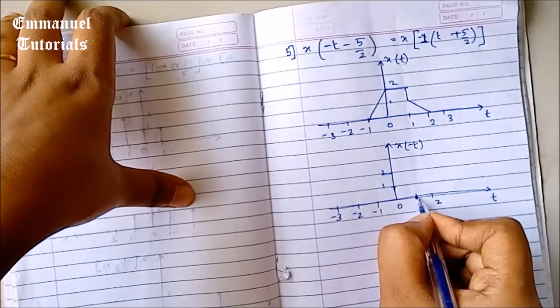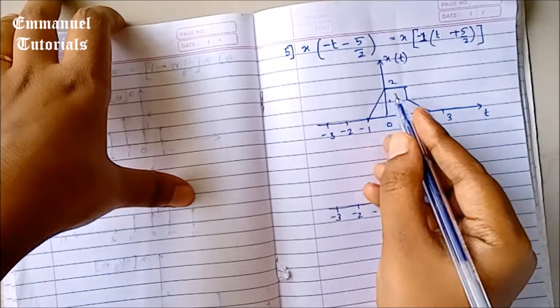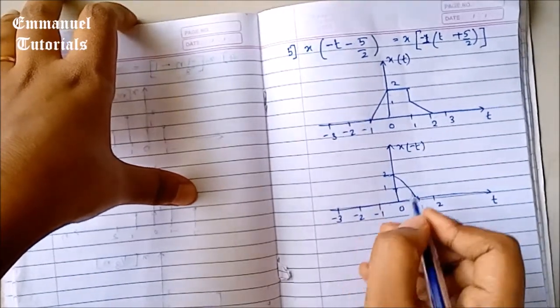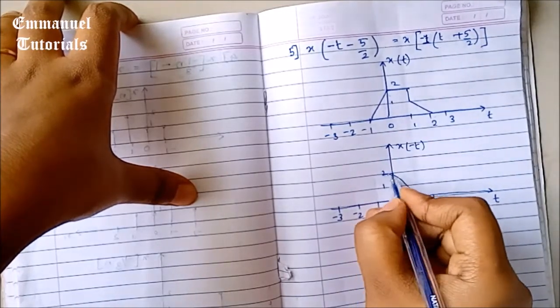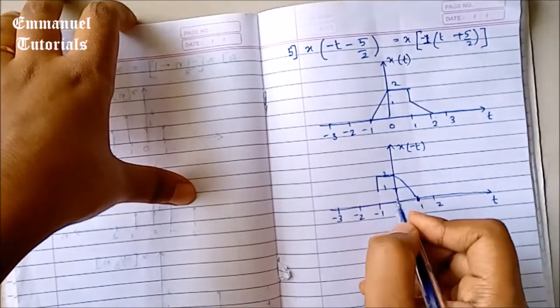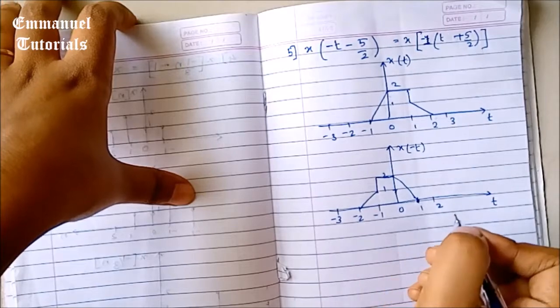So here at plus 1 the amplitude would be 0. At 0 the amplitude is 2. So here again at 0 the amplitude will be 2. At 1 the amplitude is 2. So at minus 1 the amplitude will be 2, which drops to 1 and then to 0.